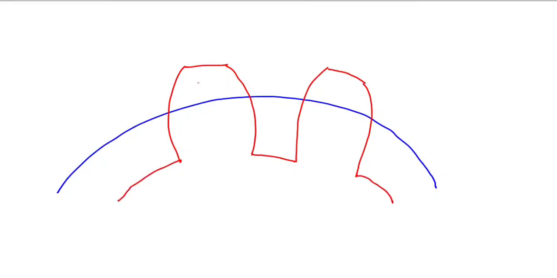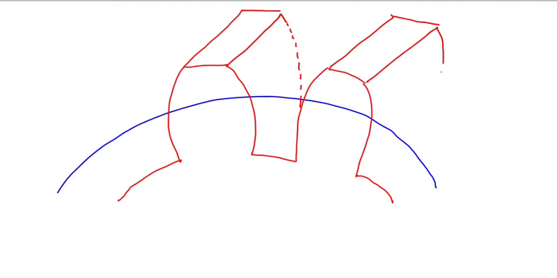The topic name is gear terminology. This is the teeth part, this is the back part of the teeth, and this is the remaining part. One by one I will tell you the parts.